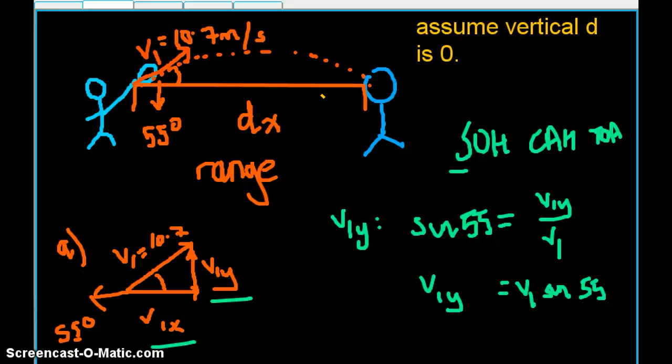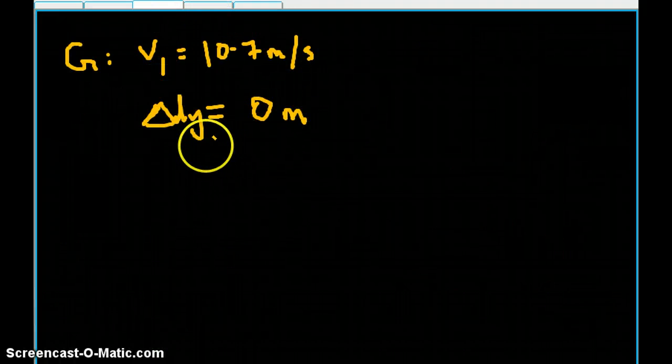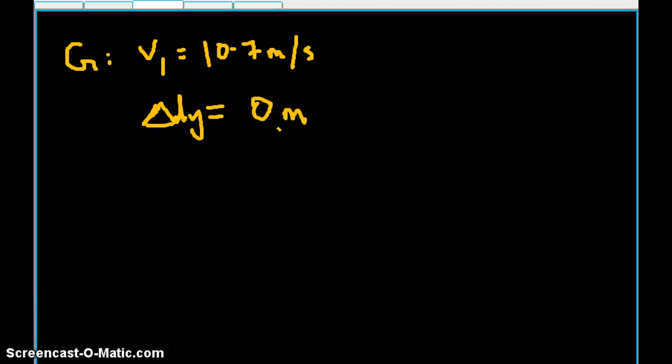I'm doing it for a senior physics, so like your grade 11 or grade 12. So we're just going to assume that the point where he's launching the football from is at 0 meters. So once we have that, perfect. He's launching it, so delta dy is 0 at this point.